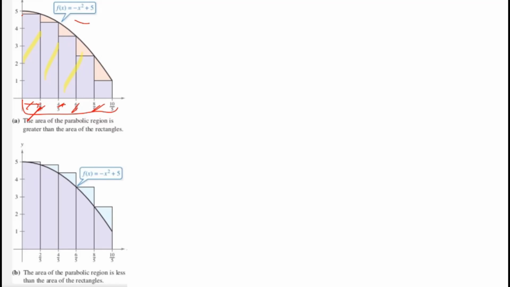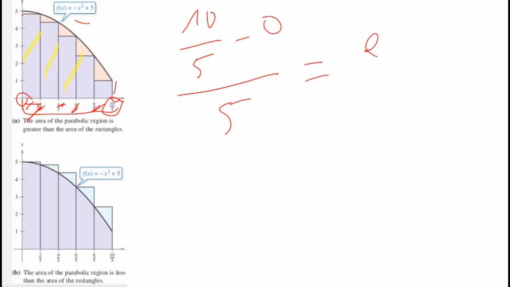So we take the left endpoint, the point where the curve ends, and the point where the curve begins, and then we do 10 over 5 minus 0 over the number of rectangles that we want. In this case we have 5 rectangles, so we end up with 2 over 5.